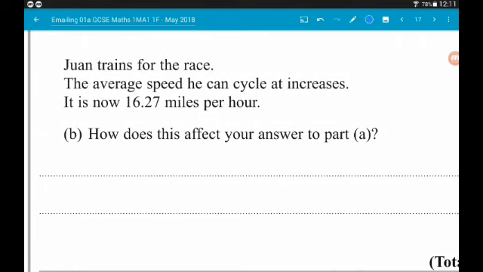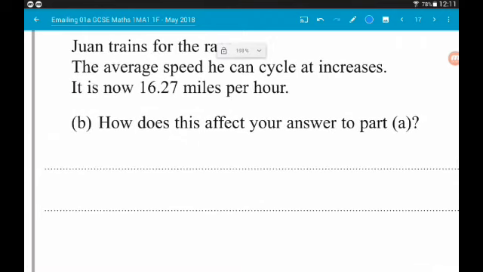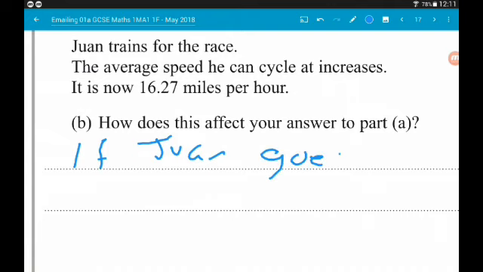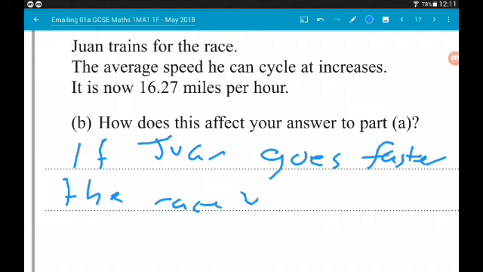Well, if one goes faster then the race will take him less time. So that could be one answer, although it does say how would this affect our answer to part A.